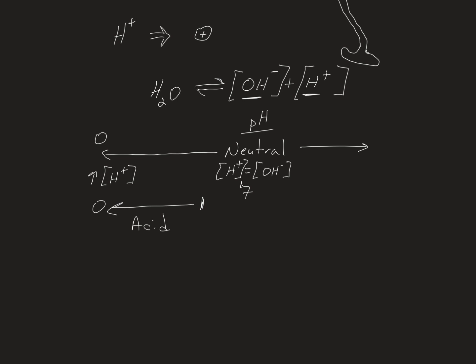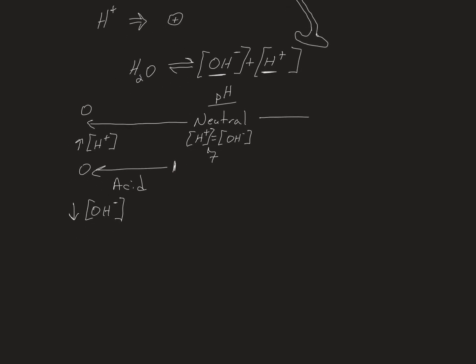And OH negative is low, but hydrogen ions are high. So OH negative is low. This is only one definition of the acids. The upper class and the AP kids know what the others are, but you don't have to worry about that right now.